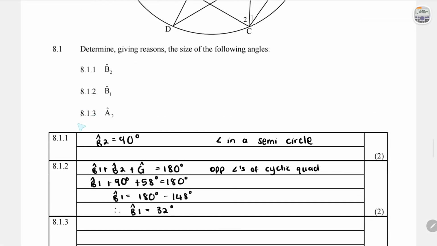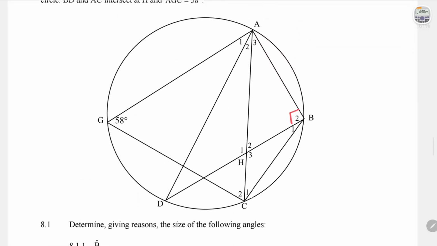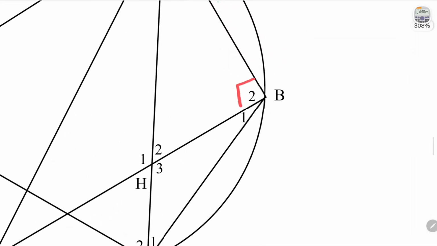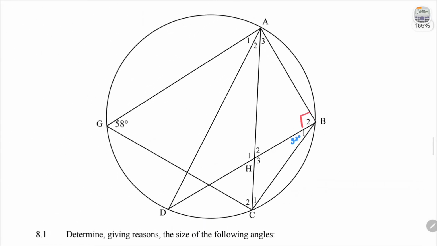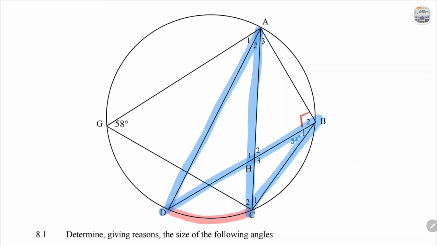The next question, 8.1.3, says we need to find the size of angle A2. We know now that this is 32 degrees. How do we find angle A2? Angle A2 is at the circumference and it's supported by this arc DC. But we also have another angle at the circumference supported by the same arc DC, and that's angle B1.